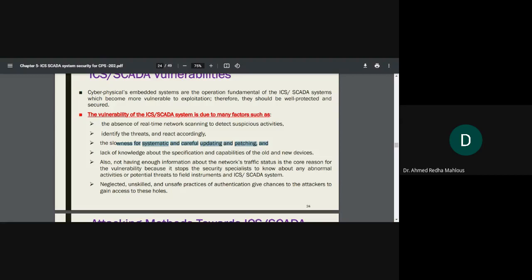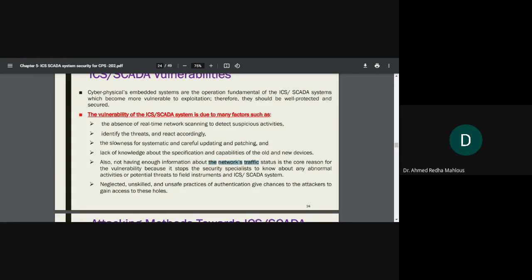Sometimes you don't have an idea about the type of traffic you are receiving, because those are old devices, for instance, and the specialized people don't know how to differentiate between abnormal and normal activity, specifically in the field instrument, with the different types of devices present in the field.